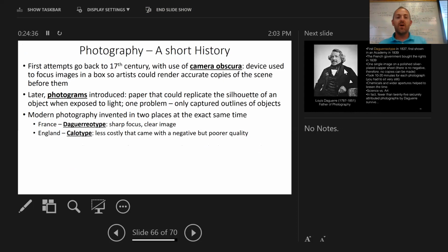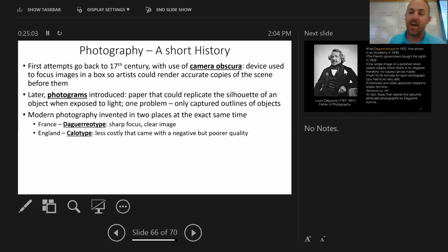Photography actually happens before the 1800s. Photography actually came about 200 years before. So the first attempts at photography go back to the 1600s, right? And they used this thing called the camera obscura. It was a device that would focus certain images in a box, so that artists could render accurate copies of the scene before them.